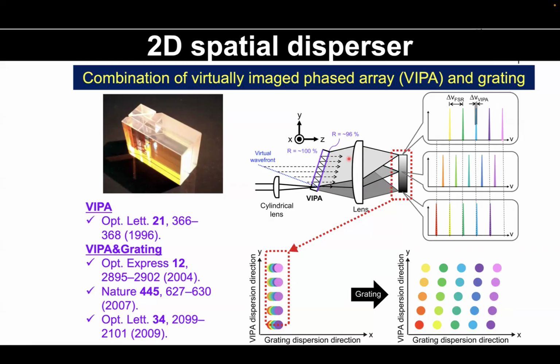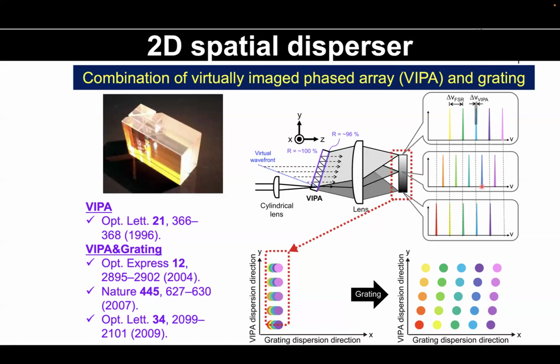As a result, a deeply tilted virtual wavefront is generated along the vertical direction. The resonance transmission spectrum slightly shifts depending on the vertical position without a change of the FSR, like here.